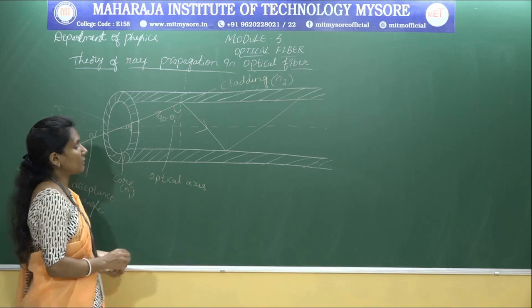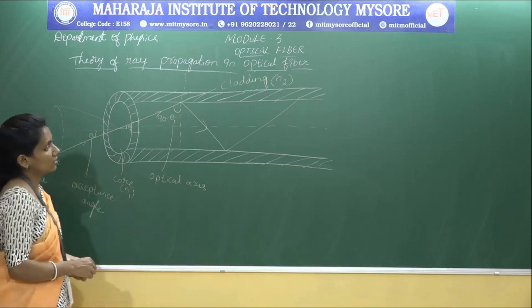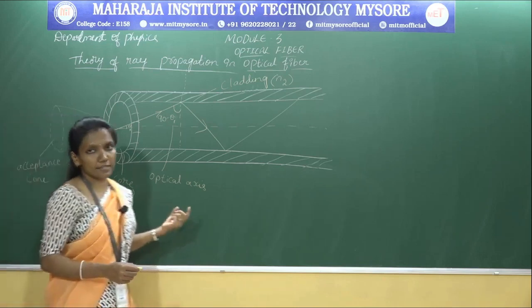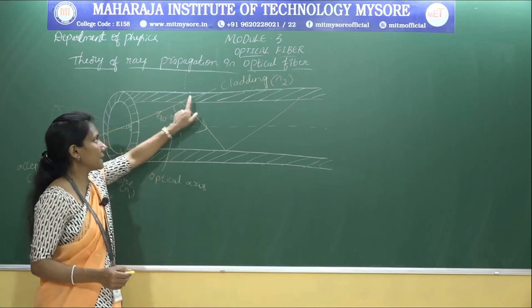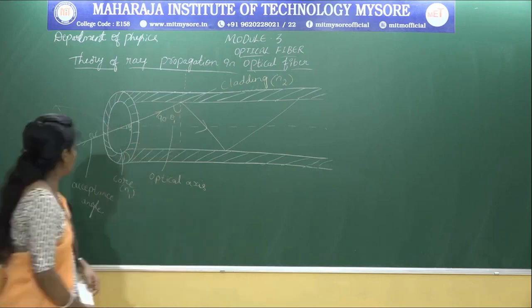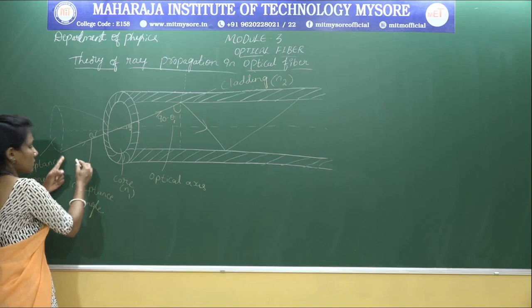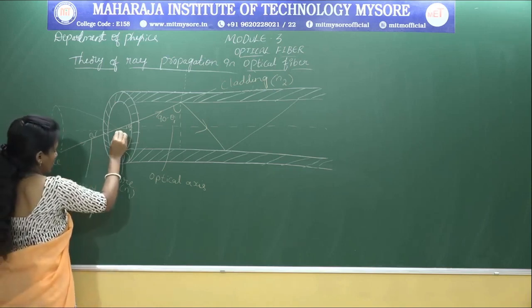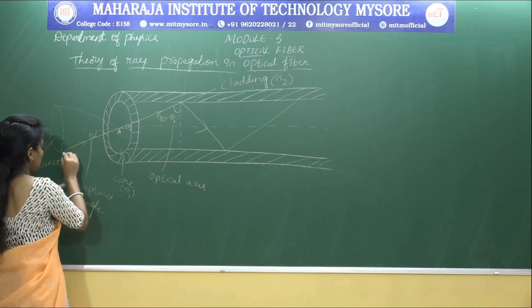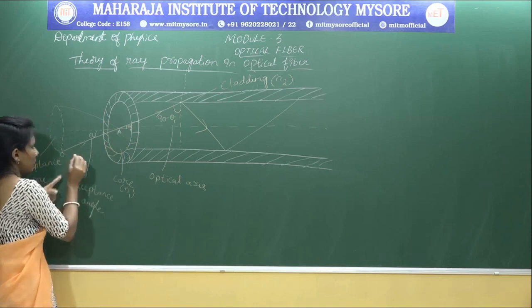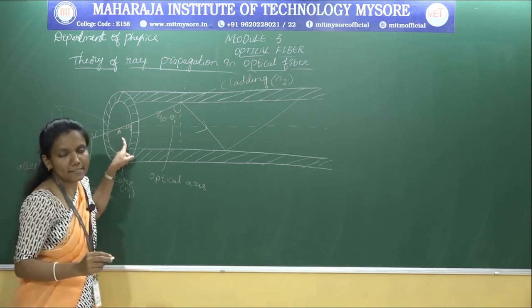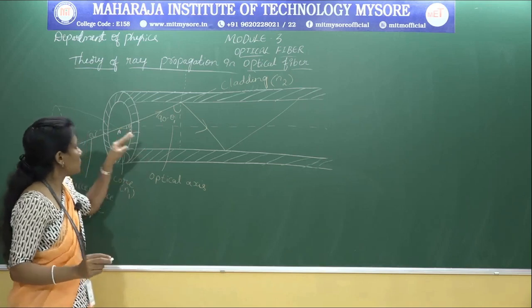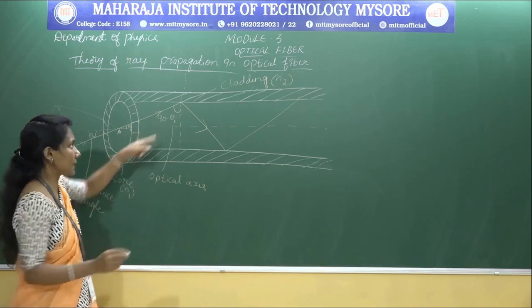And when the ray of light reaches the interface between the cladding and core region, this light ray is named OA. When the OA light ray enters into the optical fiber, the light ray makes an angle.